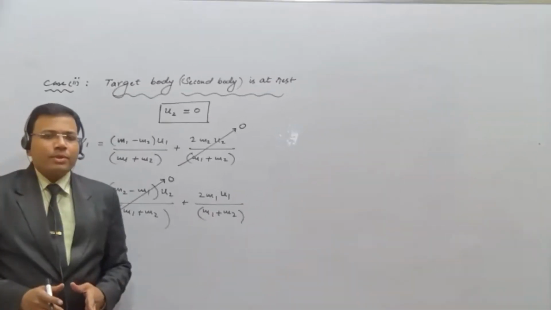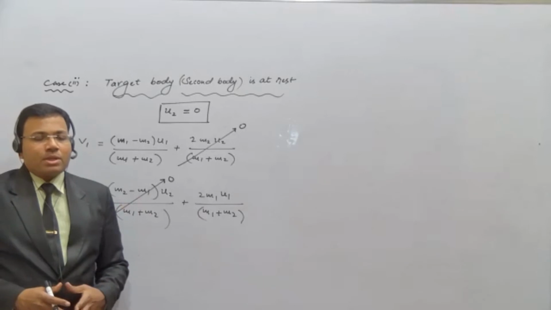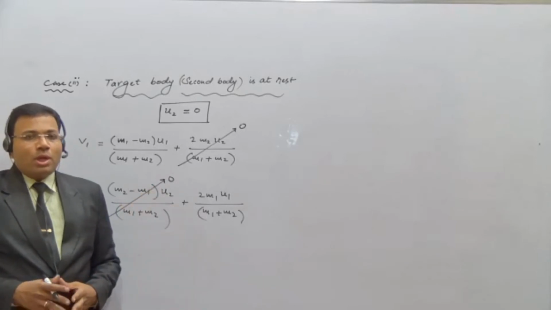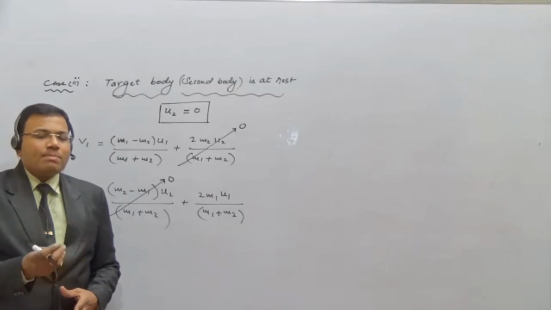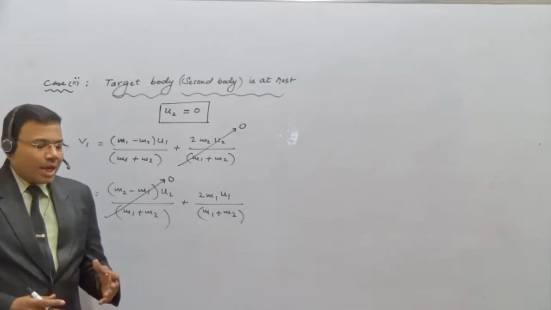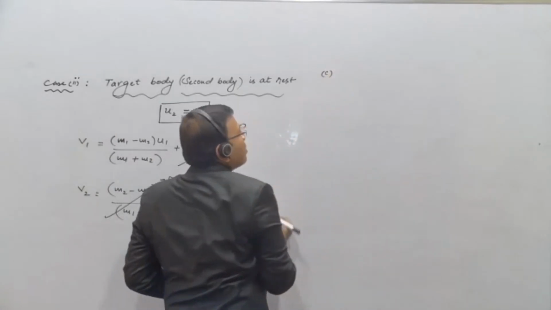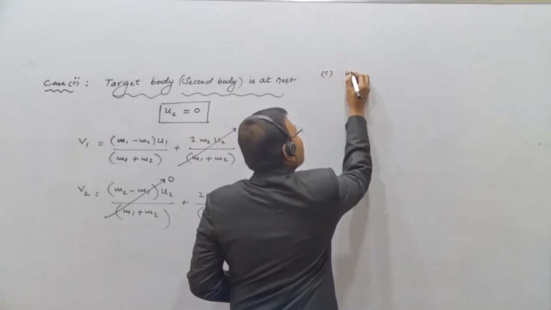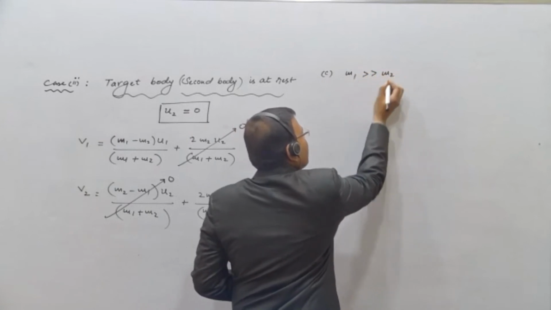Now students, here, the third step case under the main case 2, here the situation we have to imagine the second body is much less than the first body. That means we can say this is the situation C where we are considering m1 is much greater than m2.